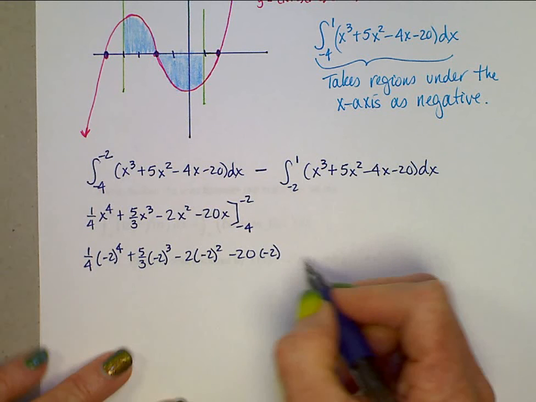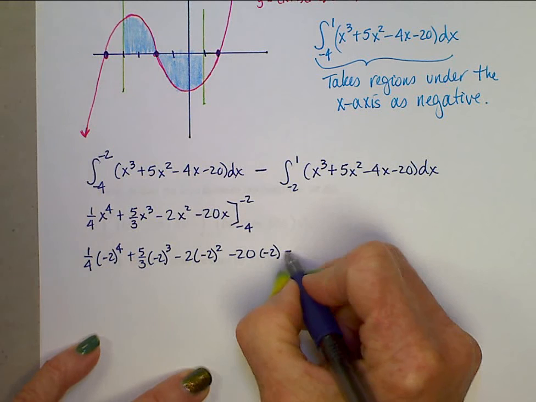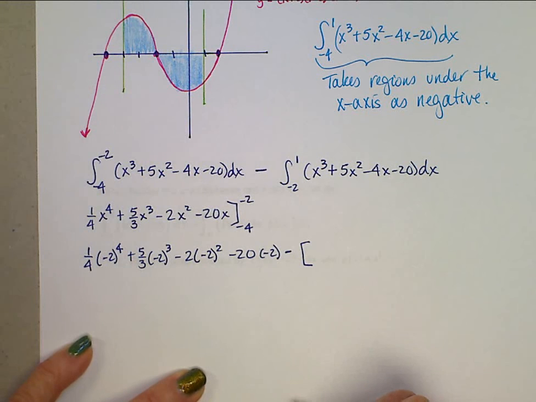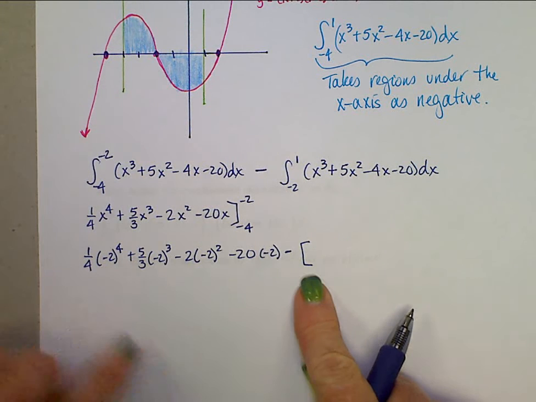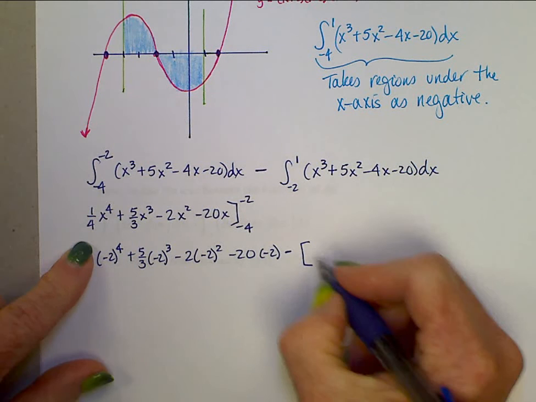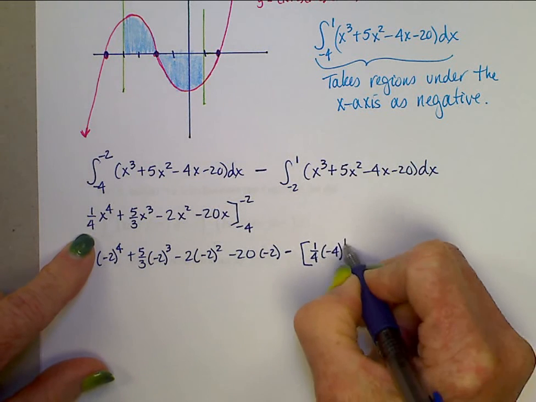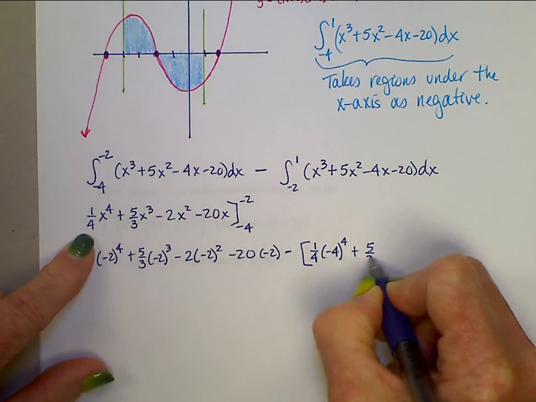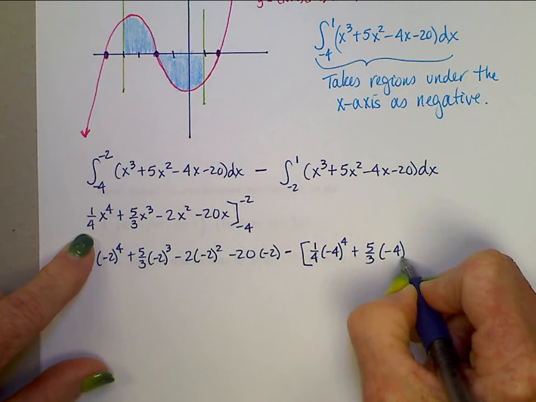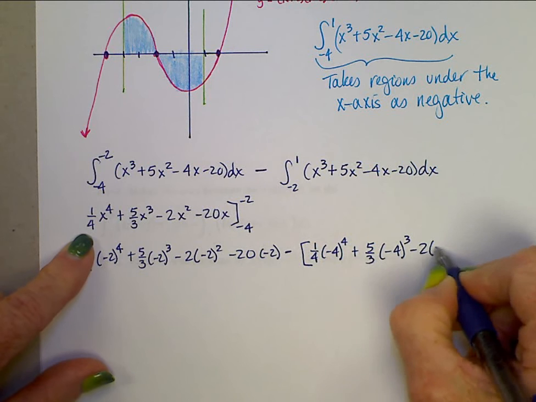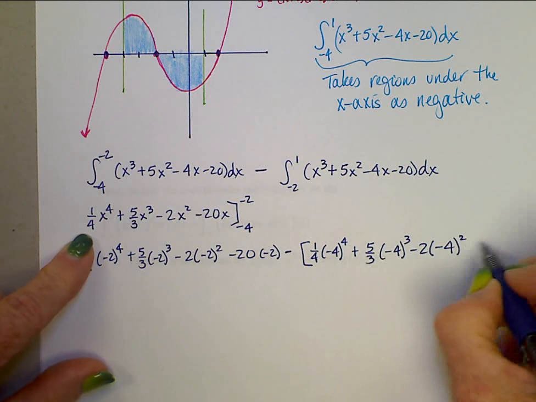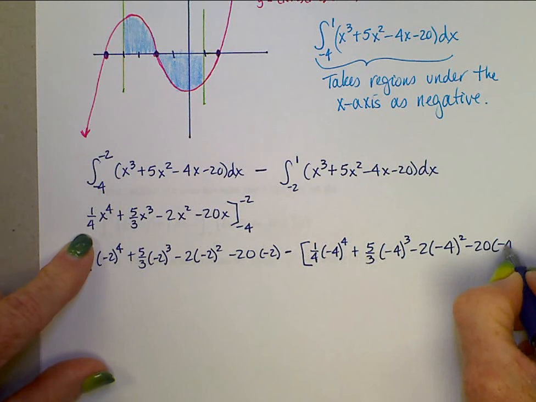Phew, that was just plugging in the negative 2. Now we have to plug in the negative 4. Make sure you put square brackets here so you subtract all of plugging in the negative 4. Plus 5/3 times the negative 4 cubed minus 2 times the negative 4 squared minus 20 times the negative 4.